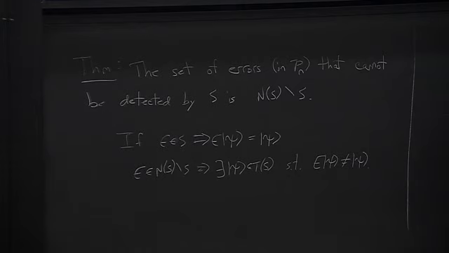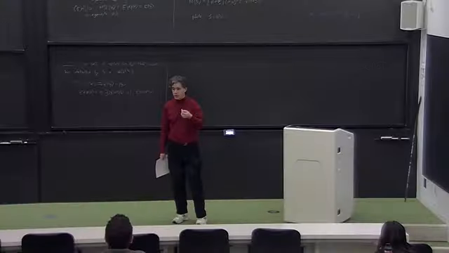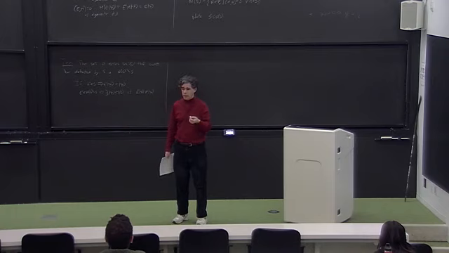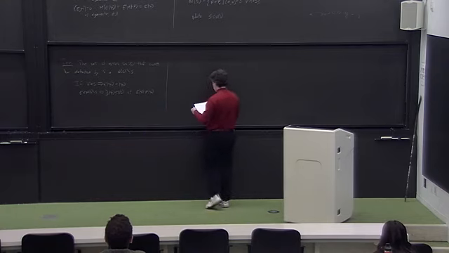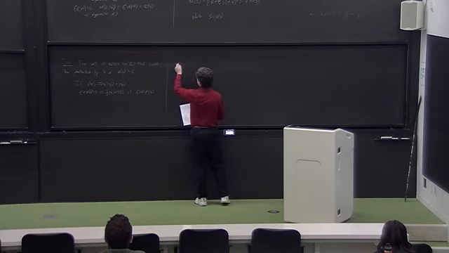But what we'd really like is, for each error, to have an error syndrome that tells us what it is. And the different error syndromes certainly give us some information about the errors. And so under what circumstances can we actually correct a set of errors?